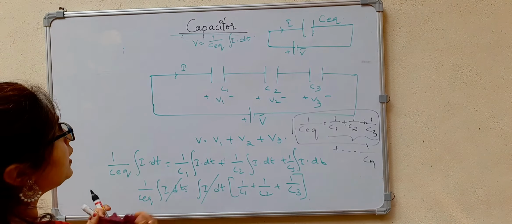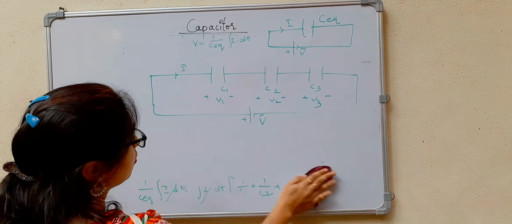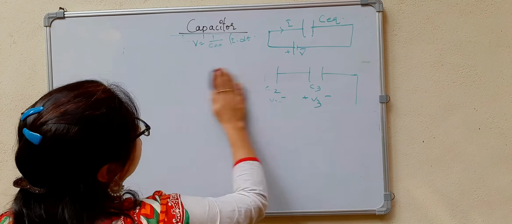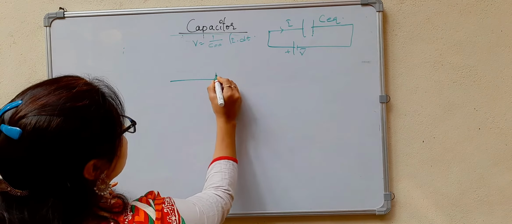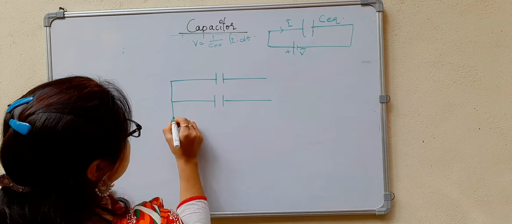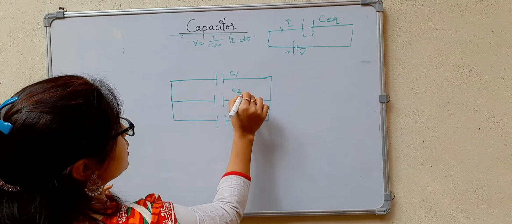Let us consider the capacitors connected in parallel now. That means the current will have multiple paths to flow. First capacitor, second capacitor, third capacitor: C1, C2, C3.